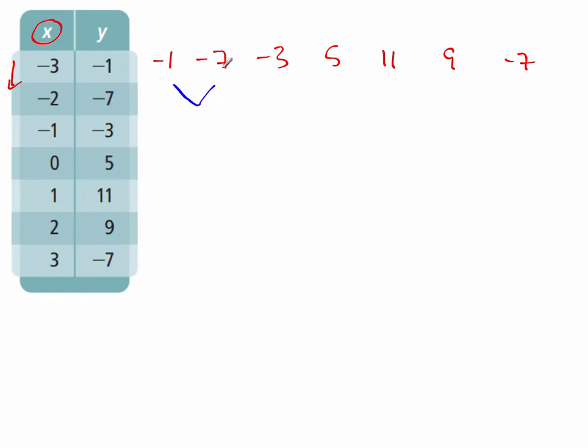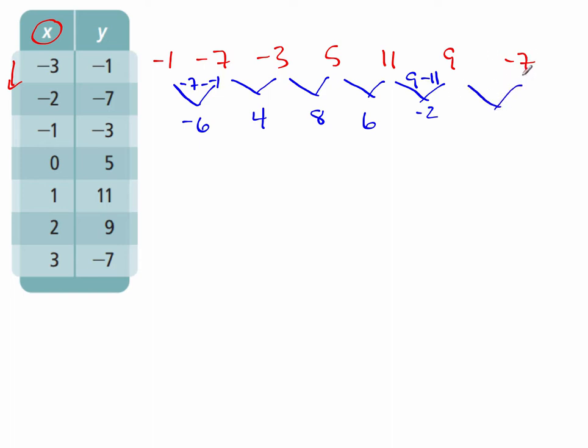So the difference from -7 to -1, -7 minus -1 is -6. -3 minus -7 is 4. 5 minus -3 is 8. 11 minus 5 is 6. 9 minus 11 is -2. And -7 minus 9 is -16.